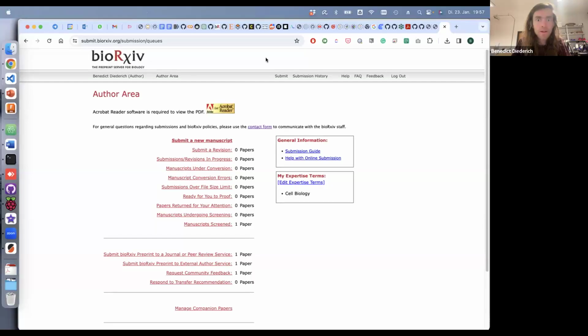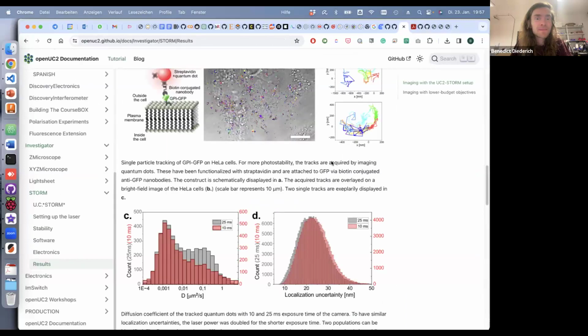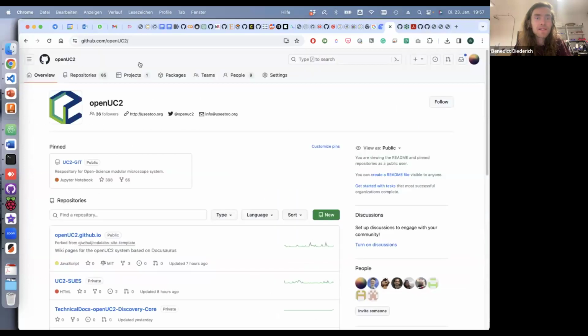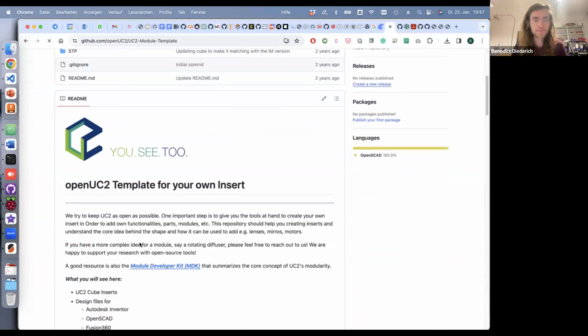Then of course you go online and know that there's a repository that's showing you all the dimensions. So, the template, I think it was called.